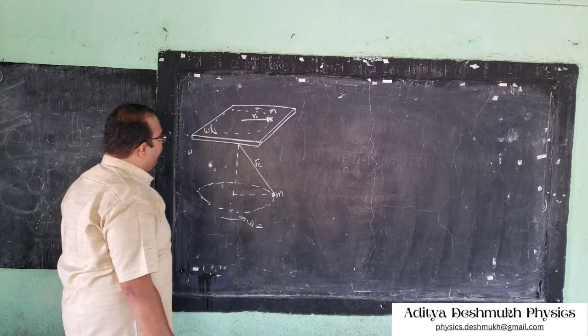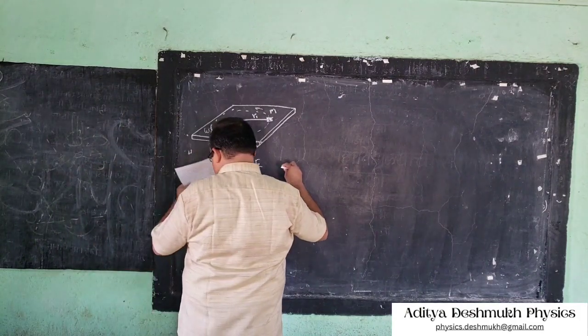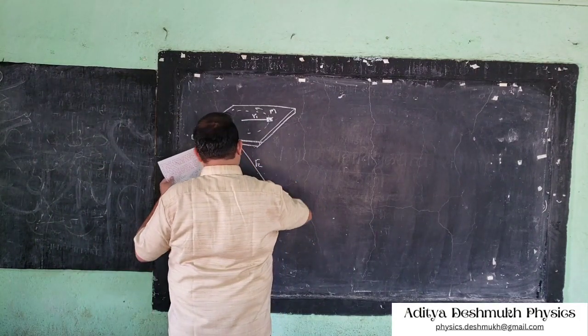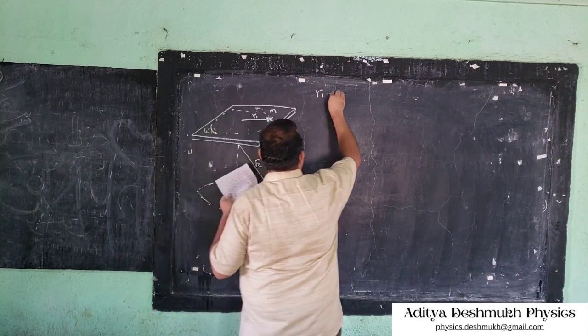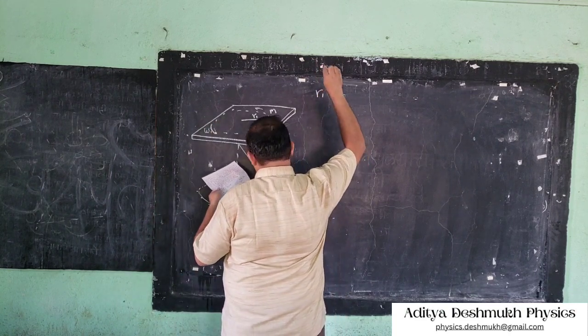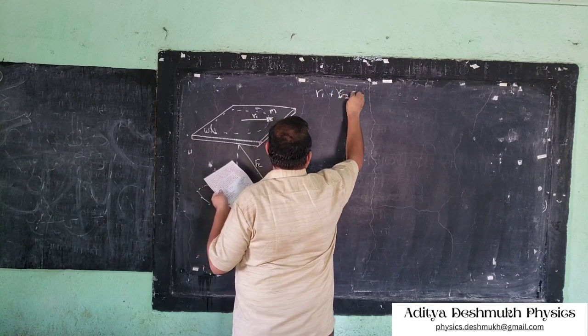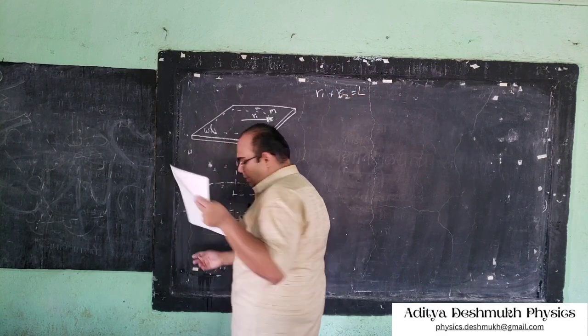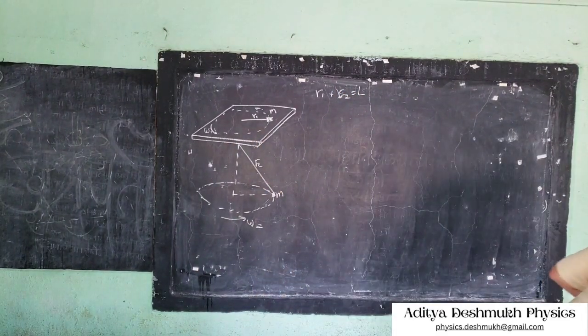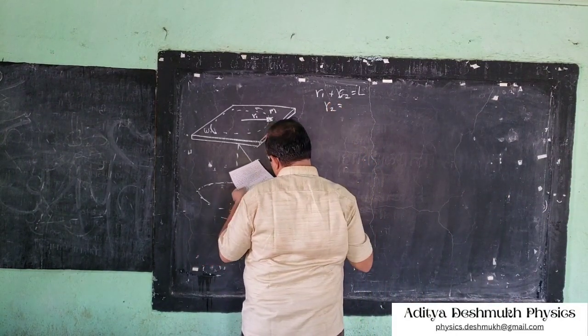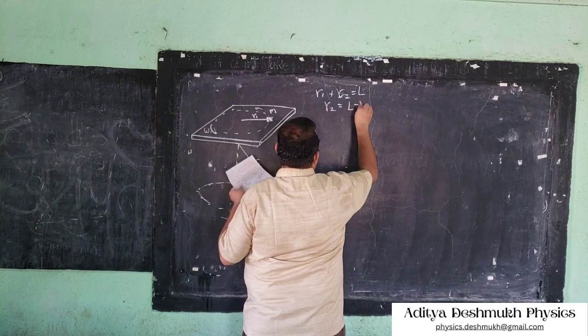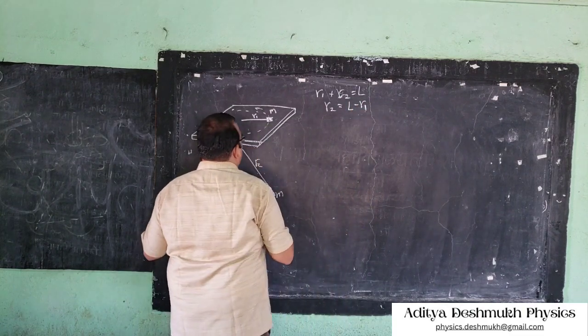So I have to find R1. R1 plus R2 will be the length of the string, so my R2 will be L minus R1.